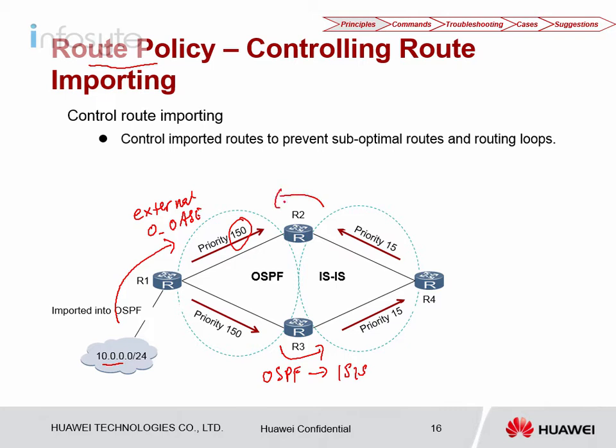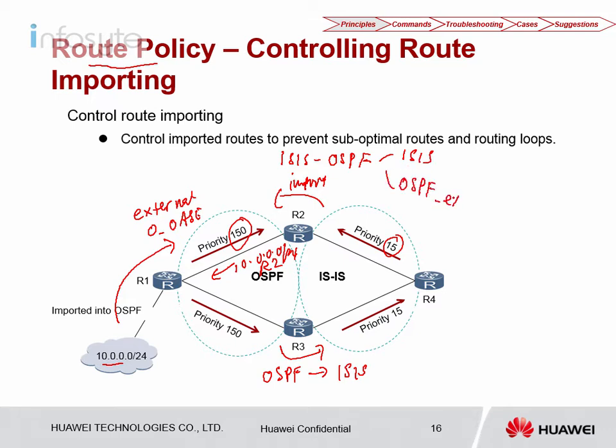Assuming that R2 also imports from RIP into OSPF, R2 will send this to R1, and R1 now receives both routes: one from the original 10 network, another one, 10.0.0.0/24, from R2. The problem here is that R2 received the route one from RIP, with preference 15, and another one with 150.